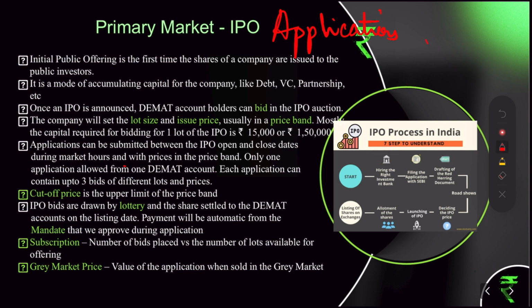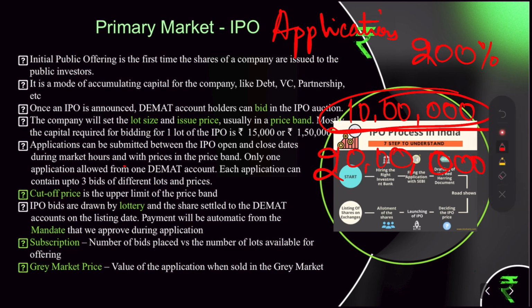So if there's a 100% subscription and there are 10 lakh lots available, it means that all 10 lakh lots have been bid for. If it is a 200% subscription, there are 20 lakh lots being bid for, of which only 10 lakh lots will be allotted. So only 100% of the applications will be selected in lottery.